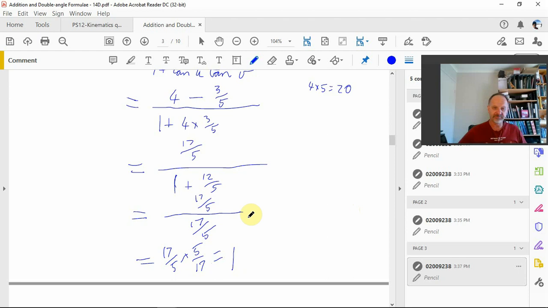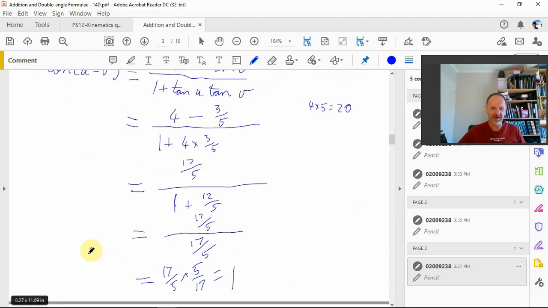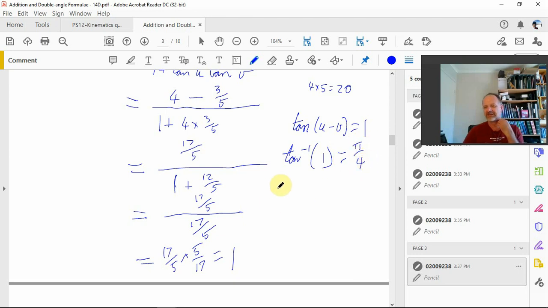All right. So then we go back to here. Tan U minus V is equal to 1. I left myself enough time. So tan U minus V is equal to 1. And tan inverse of 1 is pi on 4. So U minus V must be pi on 4.